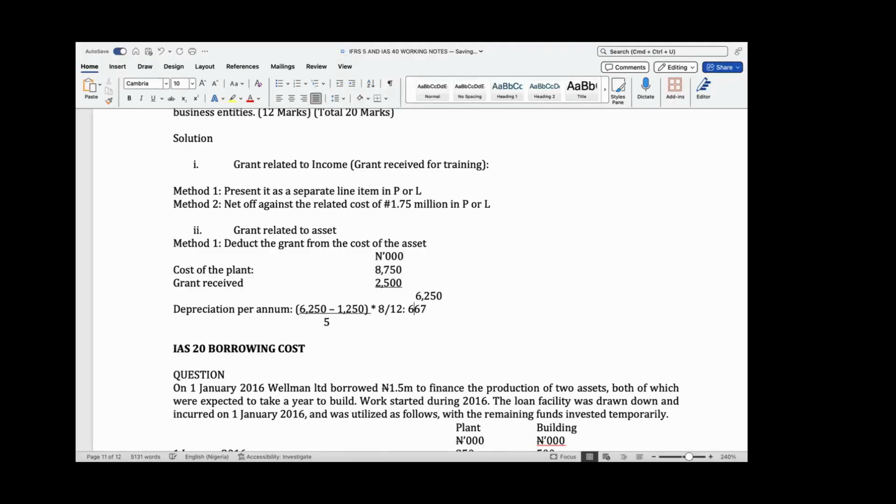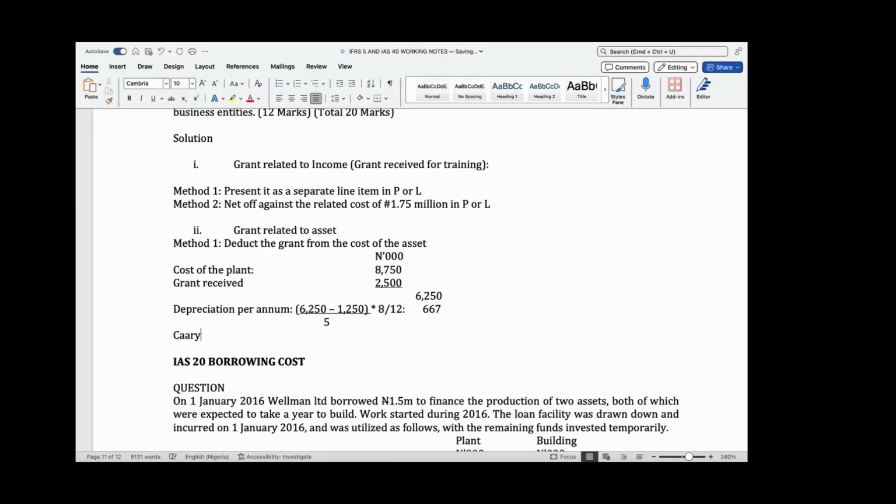And what's the carrying amount of these assets in this case? 5,583.3. So this is if you are using method 1, where you deduct the grant from the cost of the asset.